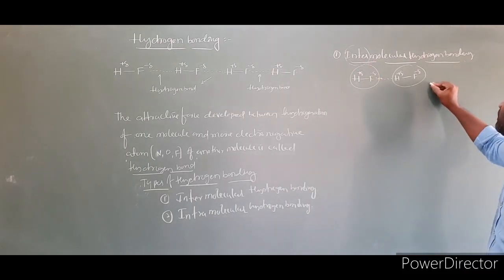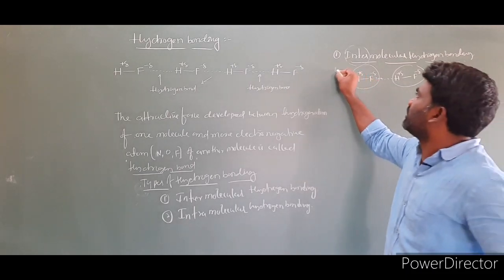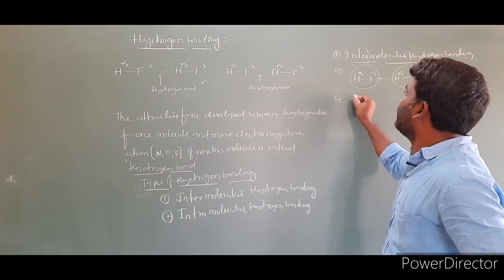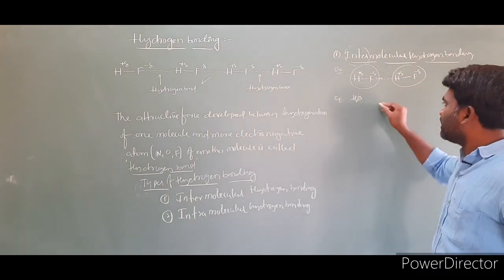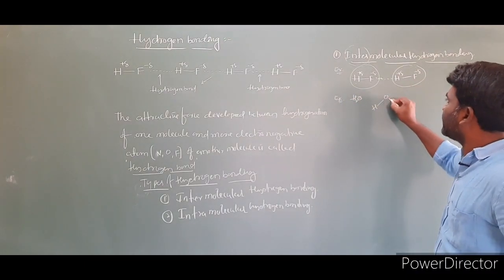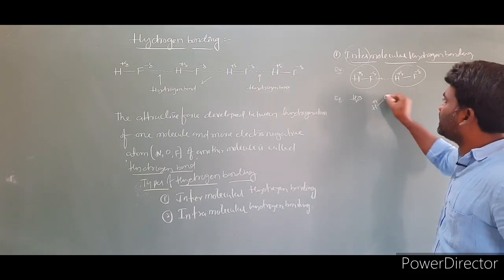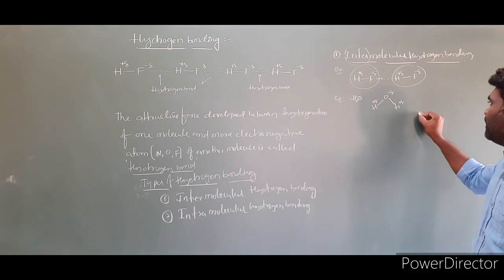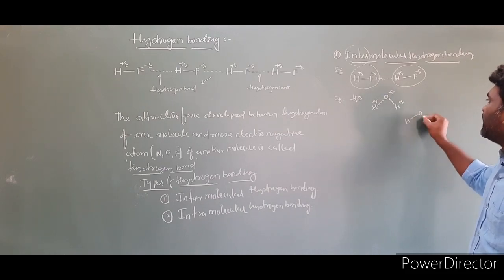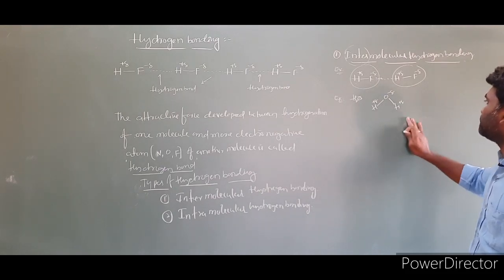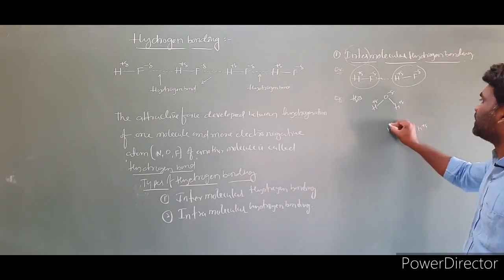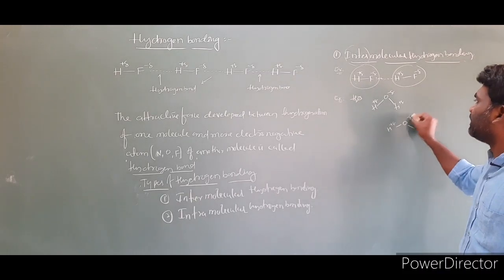Even you can take one more example. Example one was this one. Another example is the H2O molecule, the water molecule. In the water molecule I am taking H-O-H. Hydrogen is partially positive and oxygen is partially negative. This is partially positive, this is partially positive, this is partial negative.